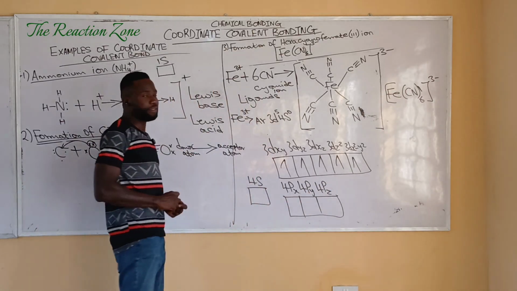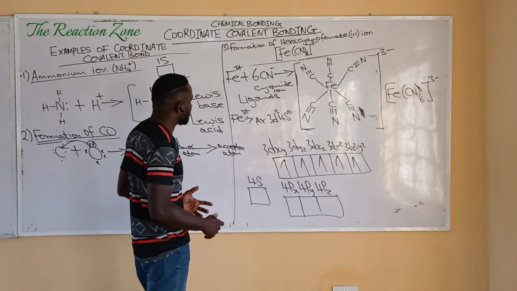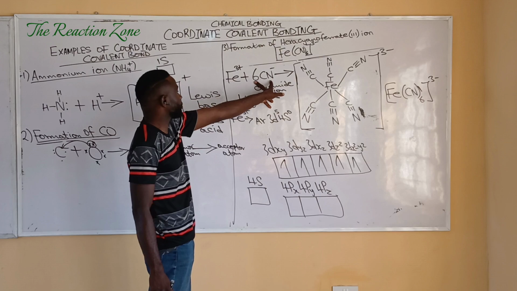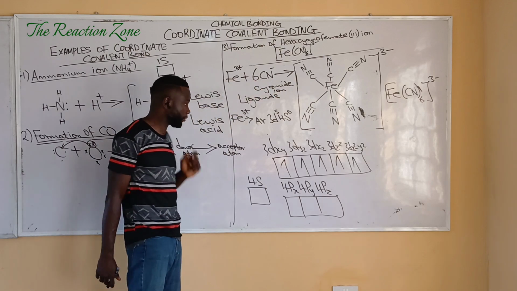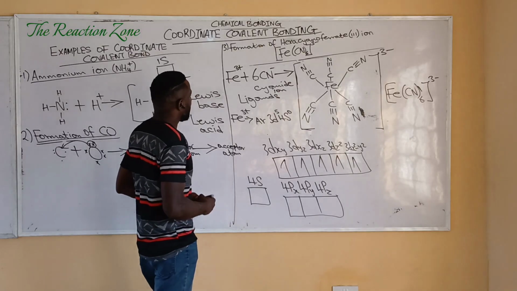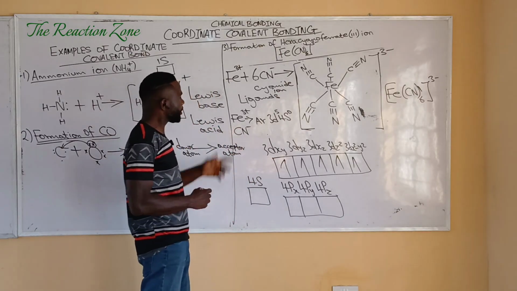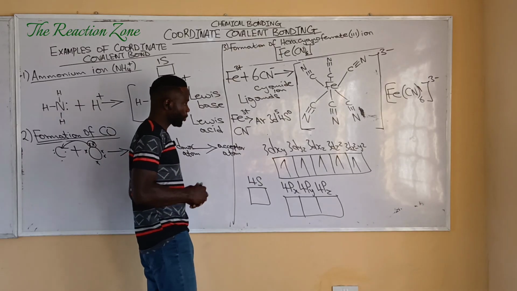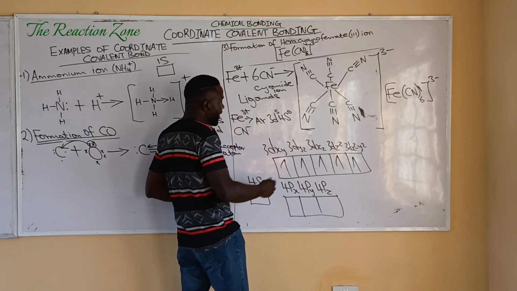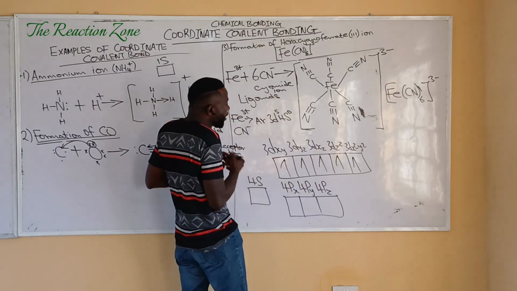However, it needs 6 vacant orbitals to be able to accept 6 lone pairs of electrons from 6 cyanide ions. So what happens? The cyanide ion, CN-, is a strong ligand. So what happens is that it makes the electrons in the d orbitals pair up.